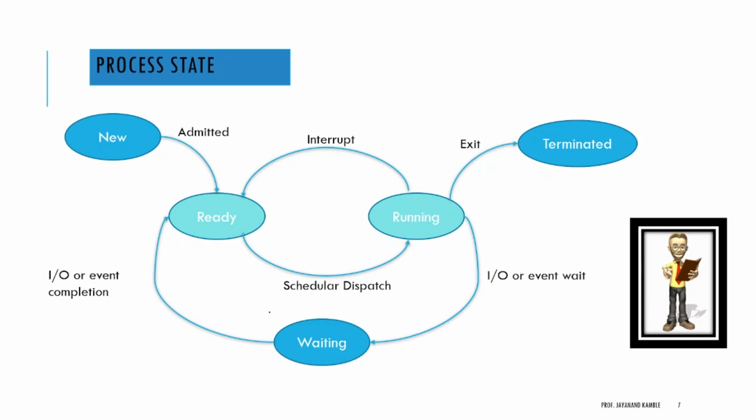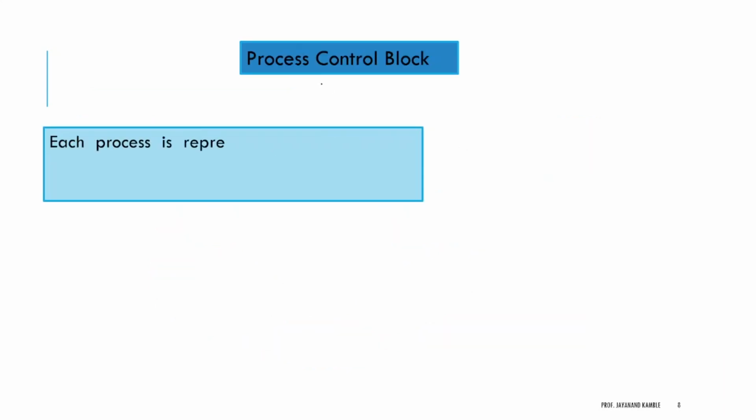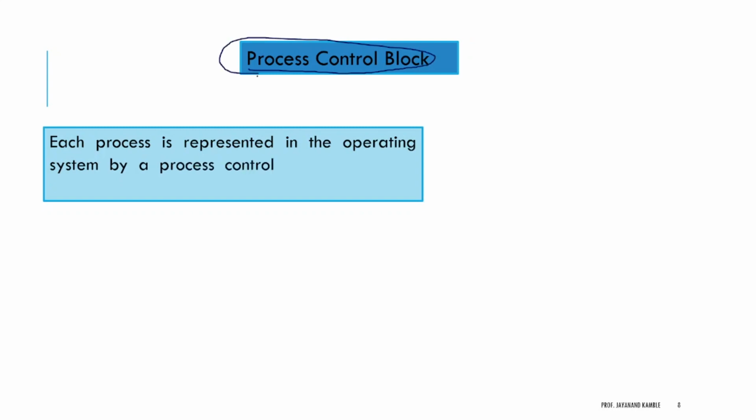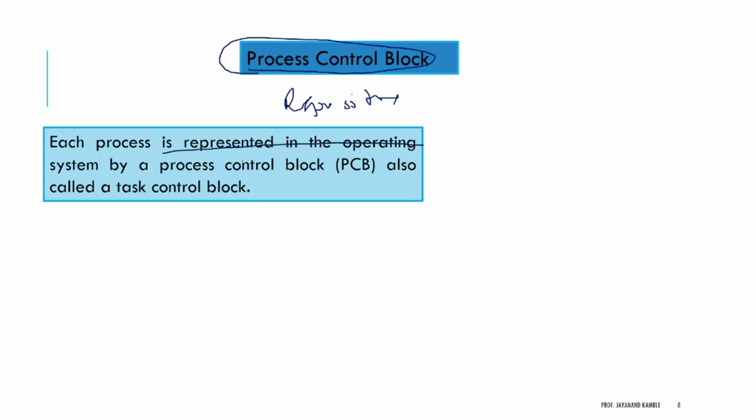Now, the next important part of the process is the process control block. It is important. Why? Because it works as a repository for any process. Here, each process is represented in the operating system by a process control block, PCB, which is also called a task control block.